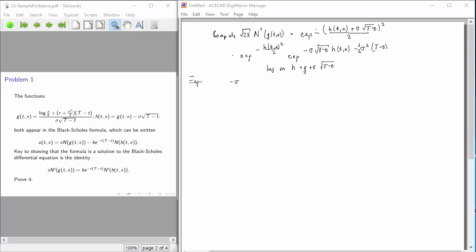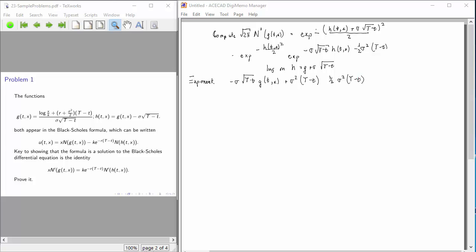I'm just working on the exponent here, times the square root of big T minus little t times g of t and x, plus, because h is g plus sigma times the square root of T minus t, and I'm multiplying by another factor of that. That combines in a nice, neat looking way, and then I've got to subtract off 1/2 of that.